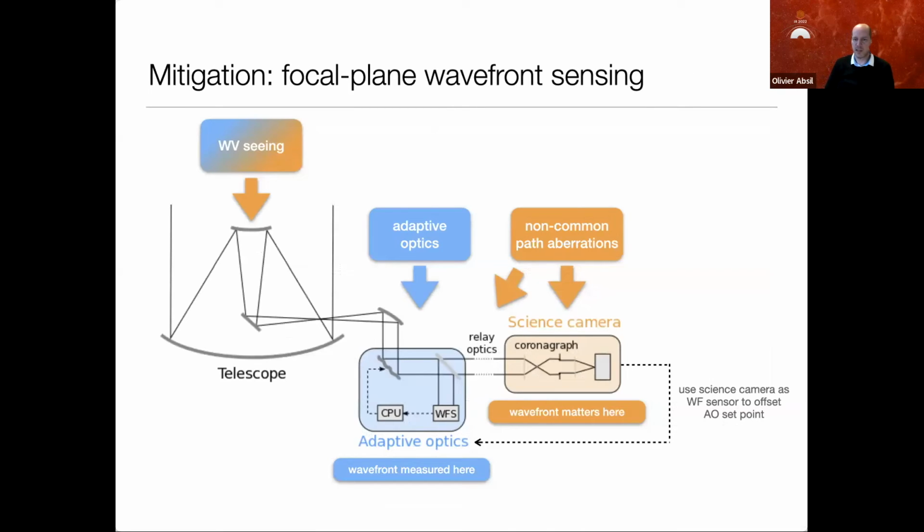And so there are ways to mitigate that. The way that we plan to use with METIS is to use the science camera as an additional wavefront sensor, which can sense both the non-common-path aberrations, but also the chromatic effect of water vapor seeing. Adaptive optics will only give you what it sees, but there are things that are unseen by the AO system that we'll need to correct using the actual science camera at the right wavelength.